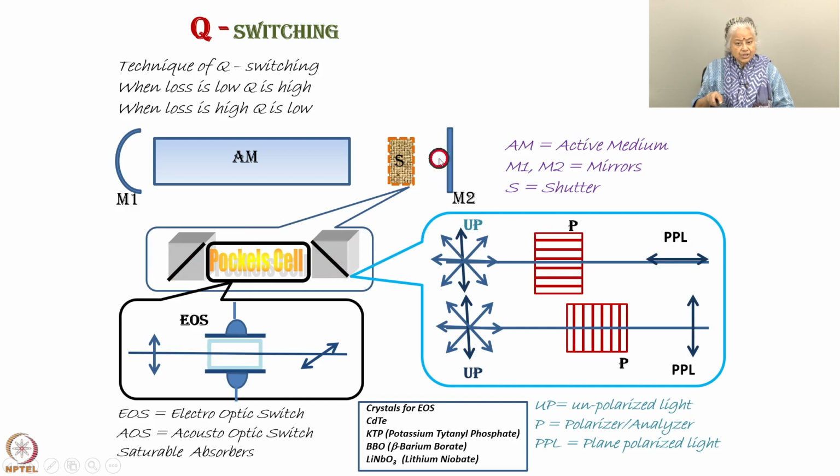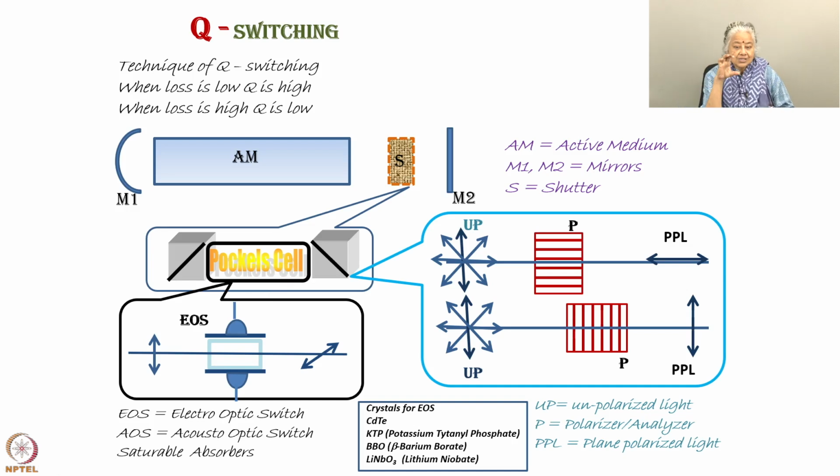So, it does not reach mirror 2 at all. But the moment I apply a voltage to this Pockels cell, it rotates this polarization, and this polarizer allows it to pass through. Initially it did not allow because it was in cross. Now the Pockels cell just allows it to pass through.